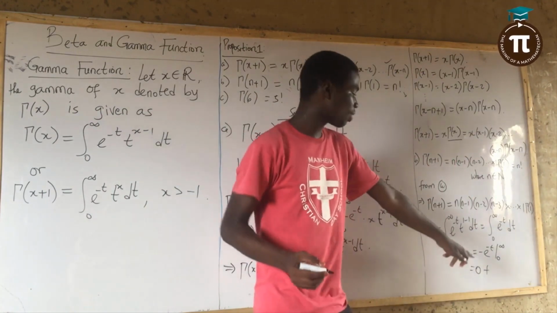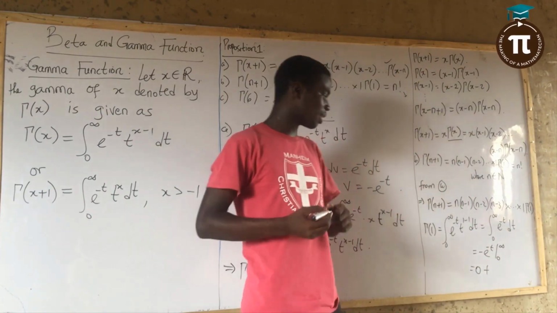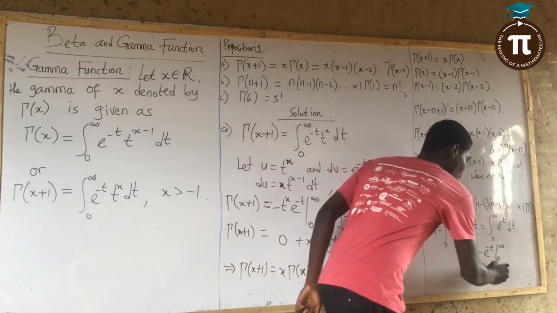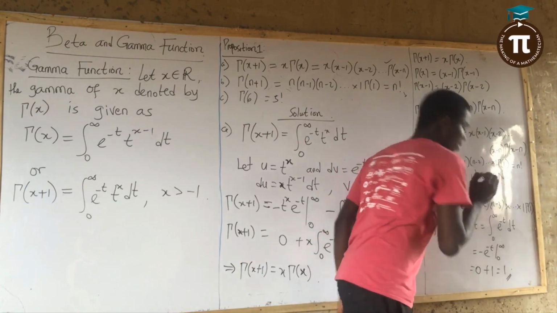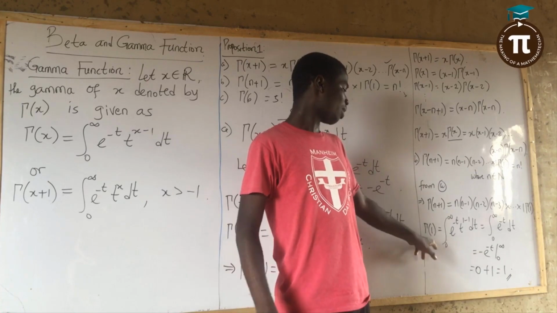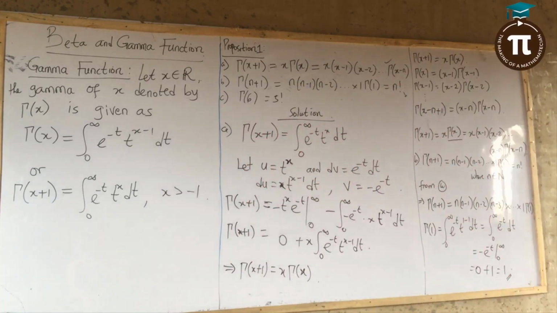Plus, it's supposed to be minus, but minus times minus makes it plus. Anything raised to the power of 0 gives 1. So 0 plus 1 gives me 1, and that is the answer. So Γ(1) is 1.